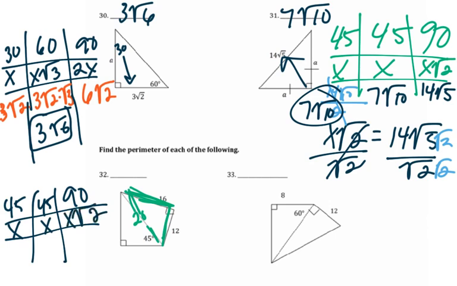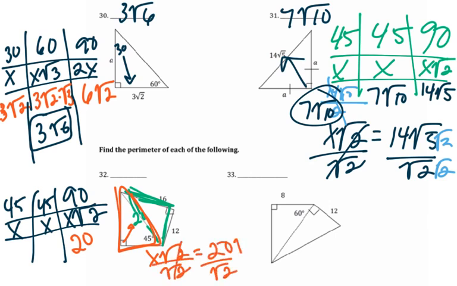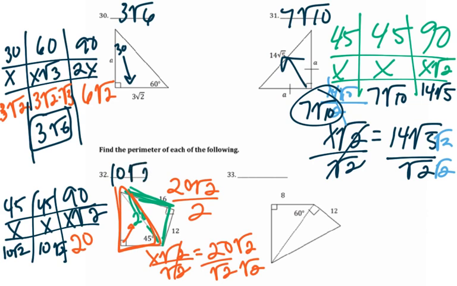And I'm going to say that the side across the 90 in this triangle is the number 20. I can solve for x. x root 2 is 20. And we get x by itself. That leaves me with 10 root 2. Okay, so try the same thing with number 33.